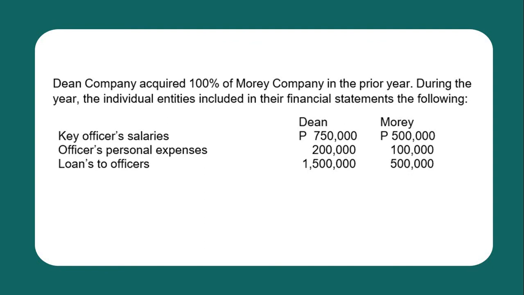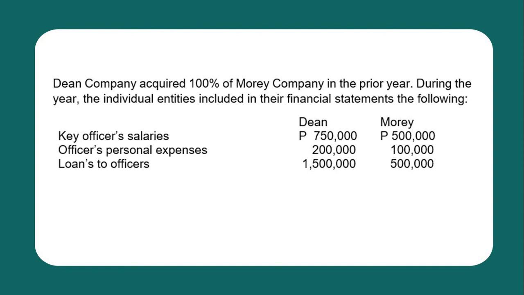When such qualifications have been met, then there must be minimum disclosure of the related party relationship. So it is a must that we disclose the existence of the related party relationships.